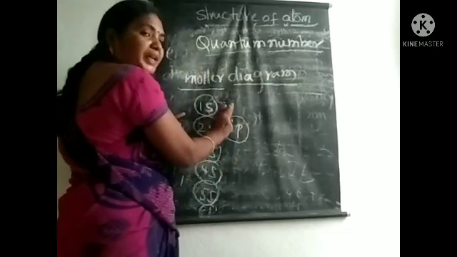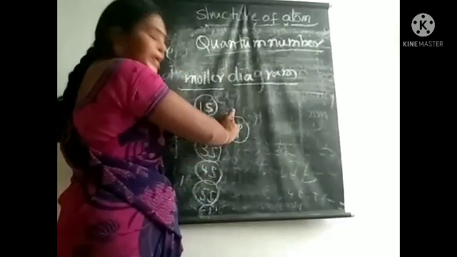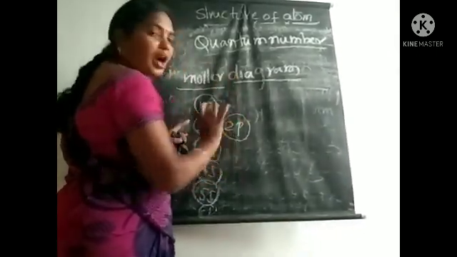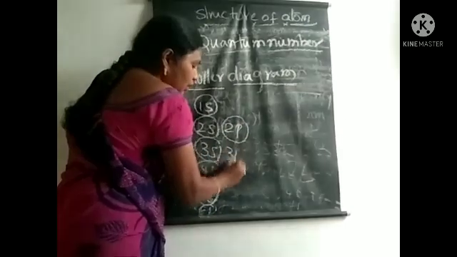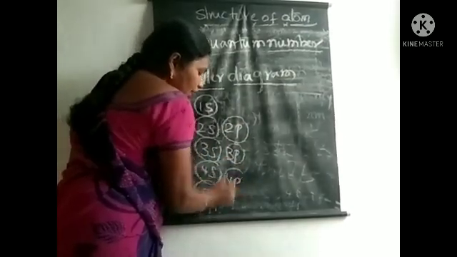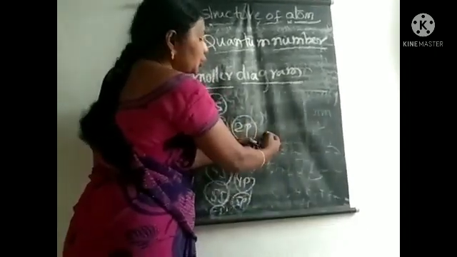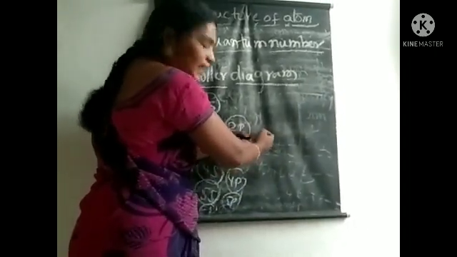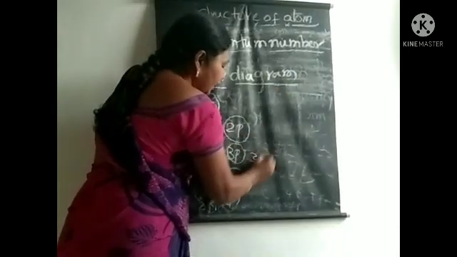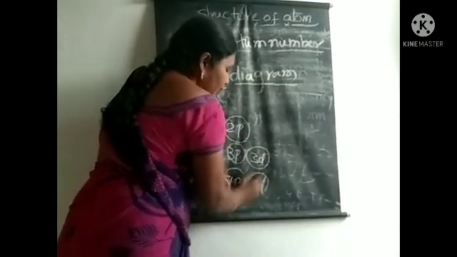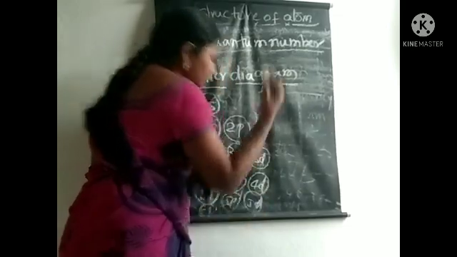There is no 1p orbital; it starts with 2p, 3p, 4p, 5p. Also, 2d orbital is not there; it starts with 3d, 4d, 5d.